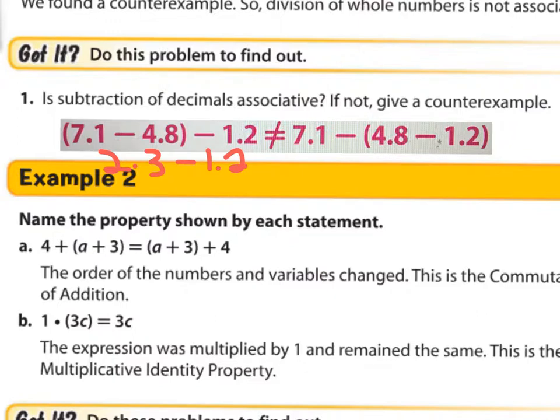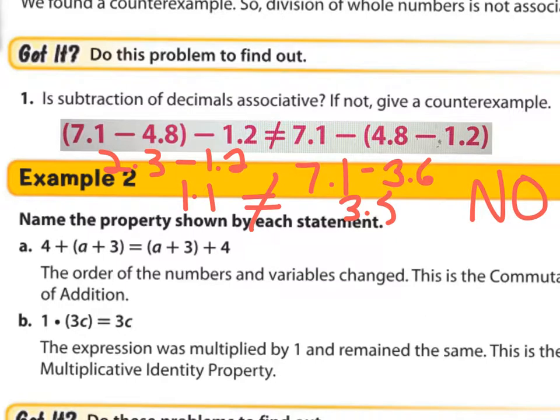It's going to give me 1.1, right, 1.1. If I do the other one over here, I get 3.6 in the parentheses. 7.1 minus 3.6 is going to give me 3.5. So you can see that 1.1 does not equal 3.5, right? So my answer is no. Subtraction is not associative.